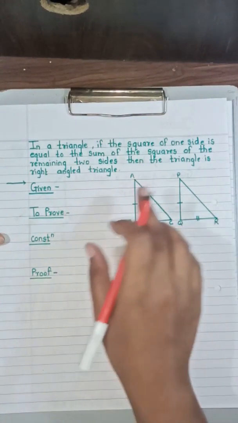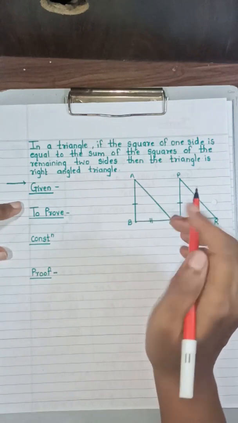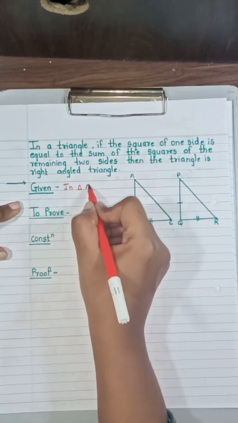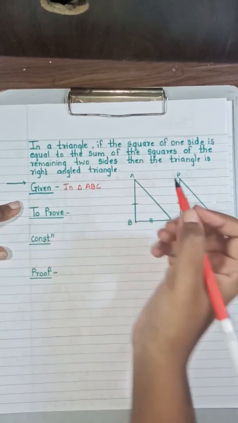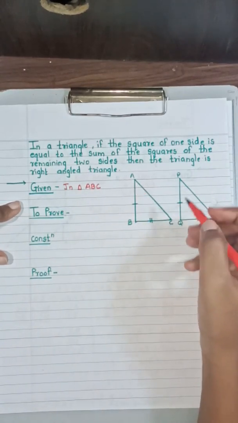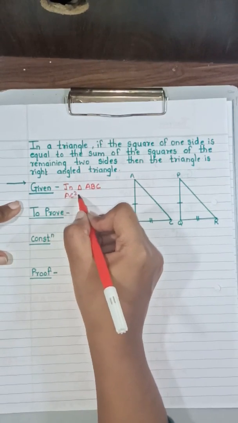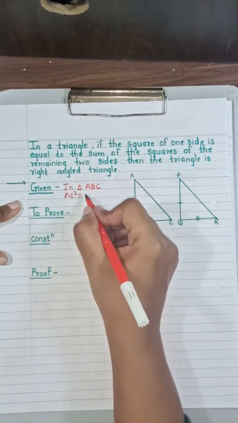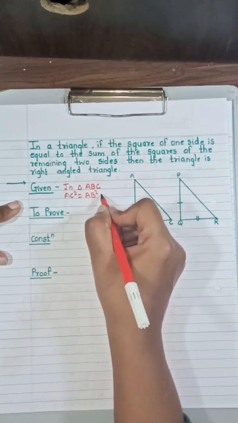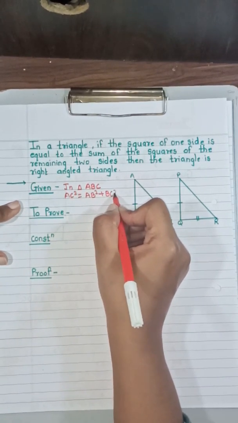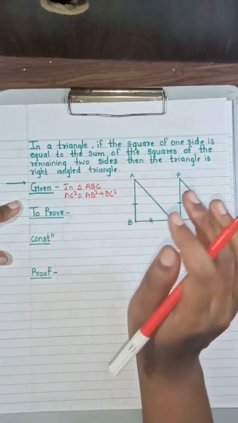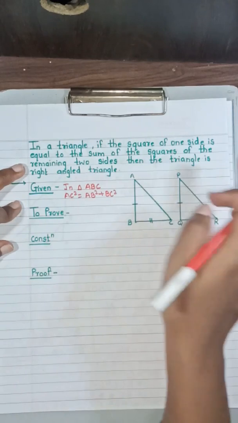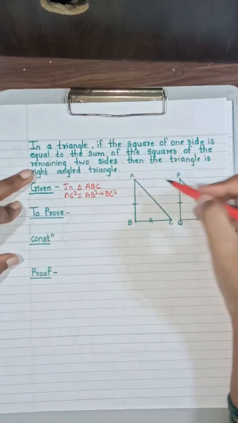Now children, let us write down the given things. Now what is given? In triangle ABC, AC square is equal to AB square plus BC square. This is, in a triangle, if the square of one side is equal to the sum of the squares of the remaining two sides.